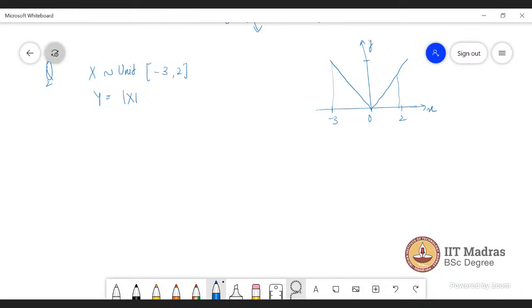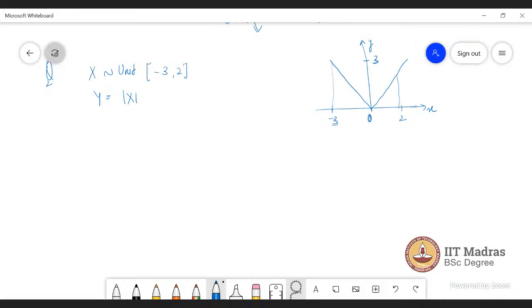Like it is taking the value from 0 to 3. Y is taking the value from 0 to 3. So if x is taking the value between -3 to 2. Sorry, I said something wrong.